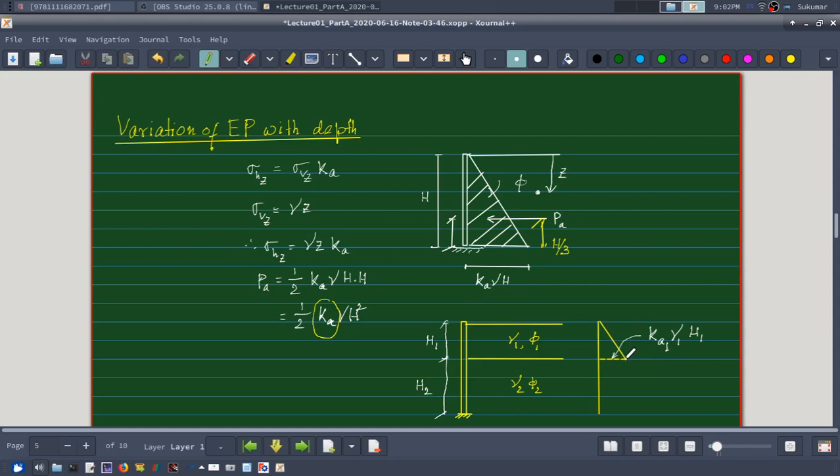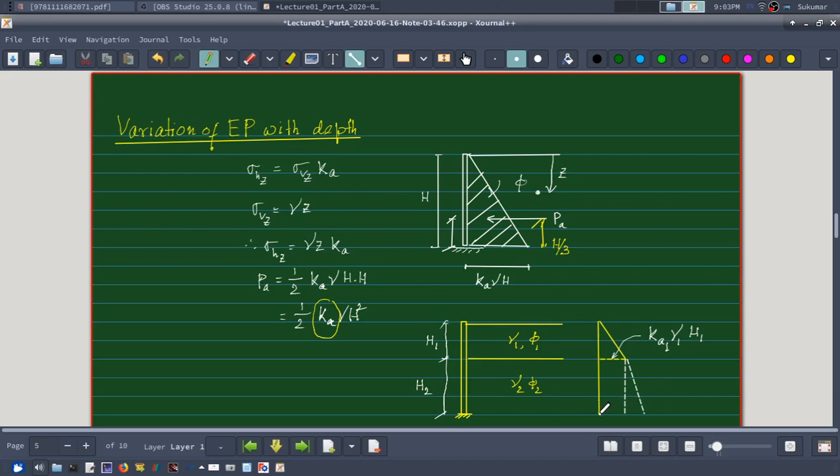And then at this point the pressure will remain the same throughout this, because it is already acting due to the first layer of soil, right? So I will have, let me draw another dotted line. So this will remain constant up to the bottom, and then with another slope depending on the value of Ka2 I'll have another linear variation.